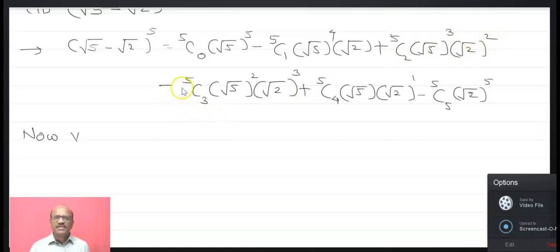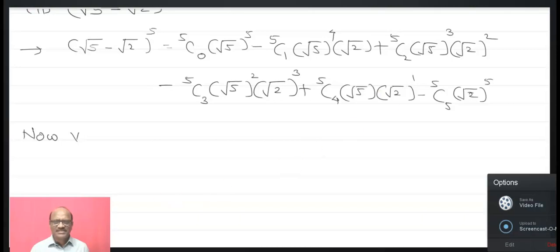Next is minus 5C3 root 5 raised to 2 into root 2 raised to 3 plus 5C4 root 5 into root 2 raised to 4 minus 5C5 root 2 raised to 5. Here is a mistake I had written here, but in the next step I had written the correct one.